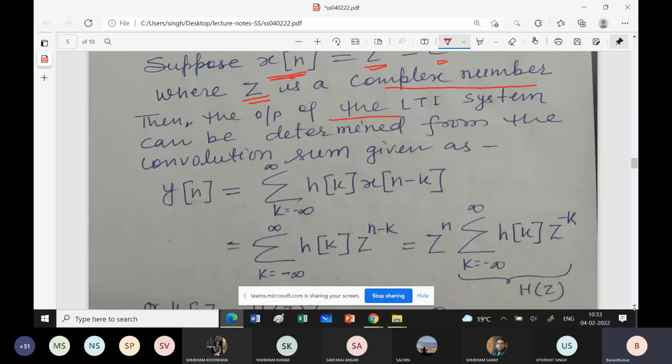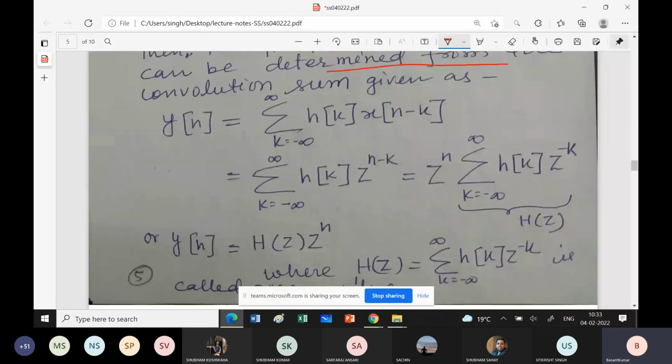The output of the LTI system can be determined from the convolution sum. और ये क्या होगा, ये हमने देखा LTI सिस्टम का आउटपुट, स्टैंडर्ड h[k] x[n minus k]. h[k] और x[k] की जगह आप रख दो, ये जो है z^(n minus k). अब क्या करो, दिस इज मल्टीप्लीकेशन ऑफ टू टर्म्स z^n मल्टीप्लाइड बाय z^(minus k). सो z^n को बाहर ले आइए, अंदर ये बच गया। सो दिस होल टर्म इज रिप्रेजेंटिंग the eigenvalue.